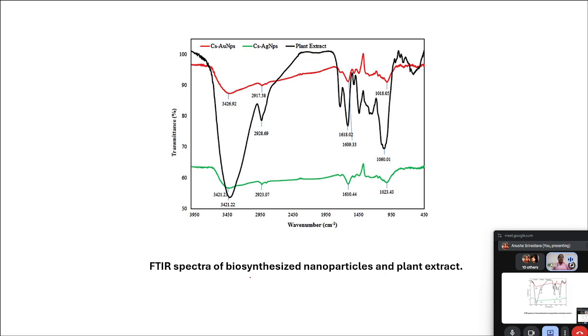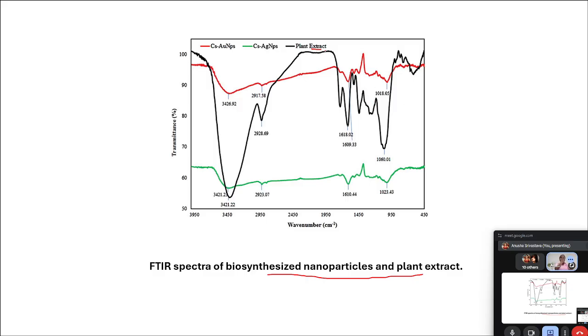Now, this again is one example. This is the FTIR spectra of biosynthesized nanoparticles and plant extract. Carefully look at the spectra. This black line indicates the plant extract. There are different peaks, this one corresponds to the OH peak and all those things, then C=O vibrations, PC vibrations, all those things.